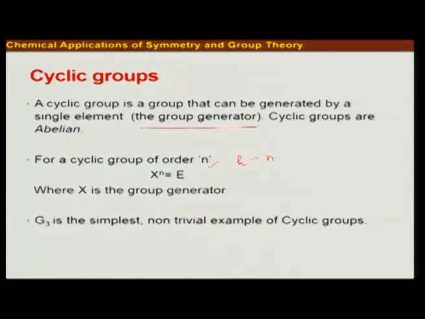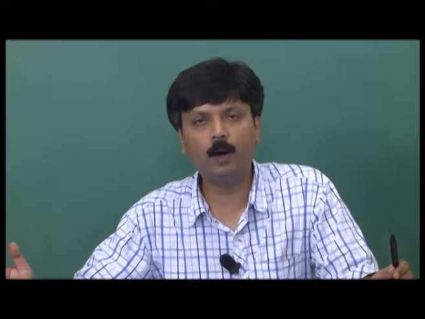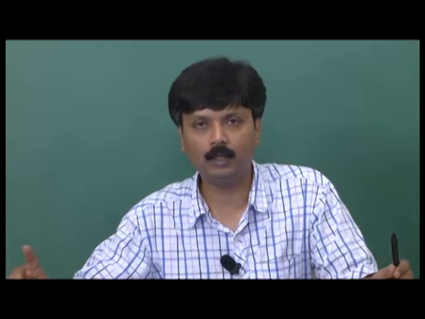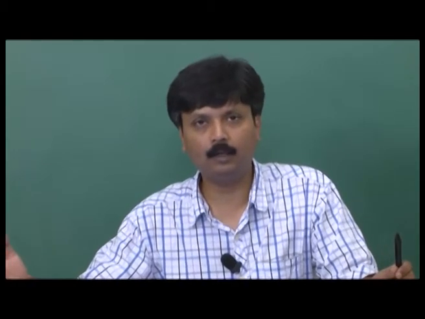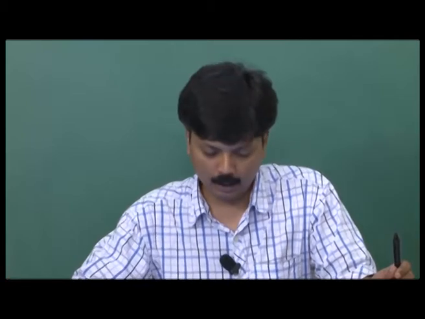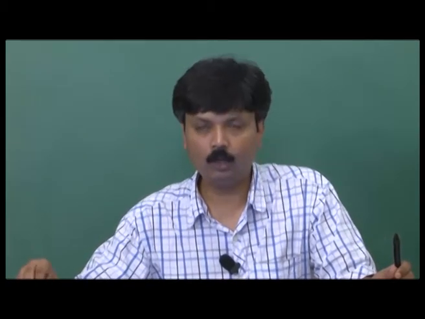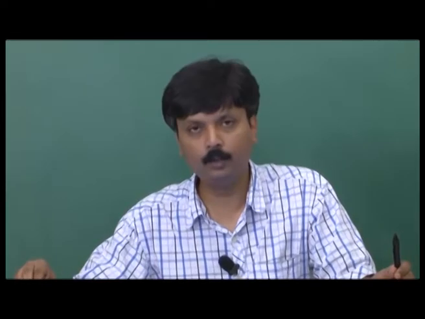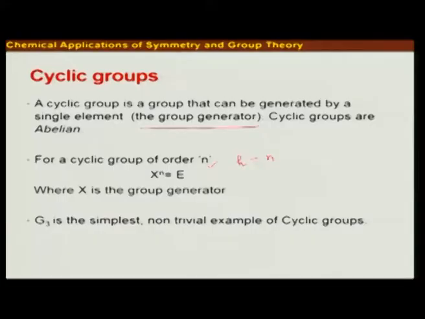We just had an example in G3, where the generator was A, and this G3 is the simplest non-trivial example of a cyclic group. Otherwise, one can think of G2 or even G1, with only the identity element. They will satisfy the condition of a cyclic group, but they are trivial, right? So this is the first non-trivial example of a cyclic group. This is G3. All right.